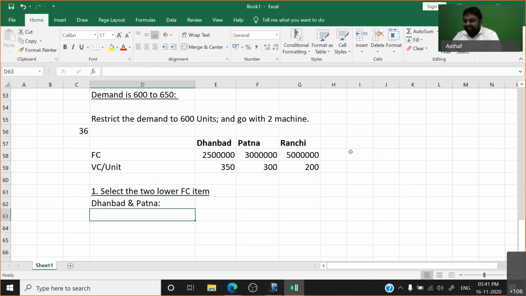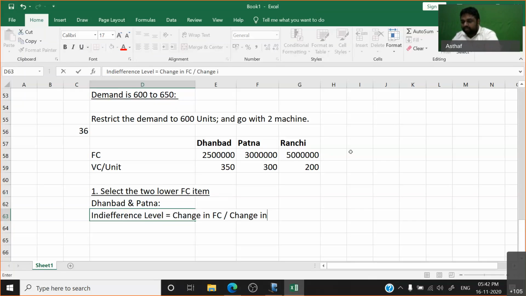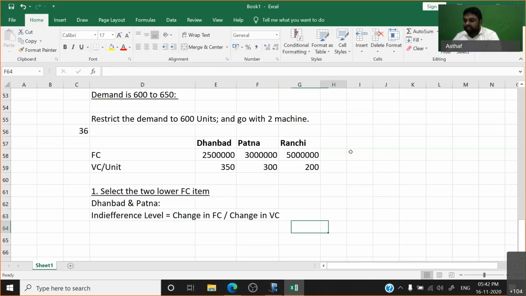So here there is a concept called indifference level. How to find the indifference level? Change in fixed cost divided by change in variable cost. So what is the change in fixed cost?